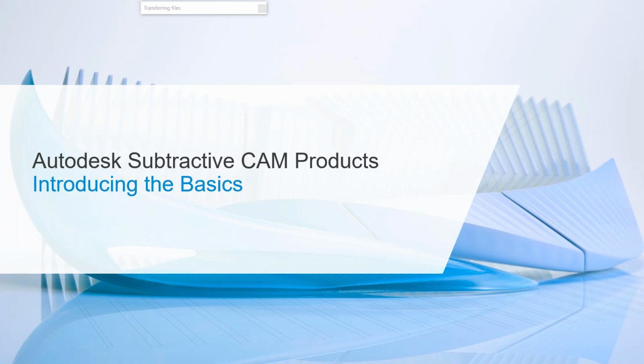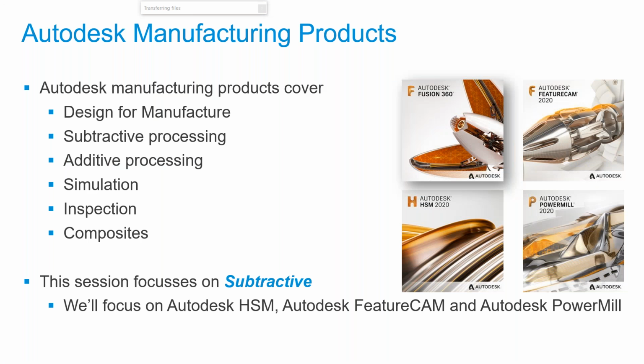So let's talk about what we have as products to offer you for subtractive manufacturing. Autodesk manufacturing products cover a host of processes, starting from a complete design for manufacturing.